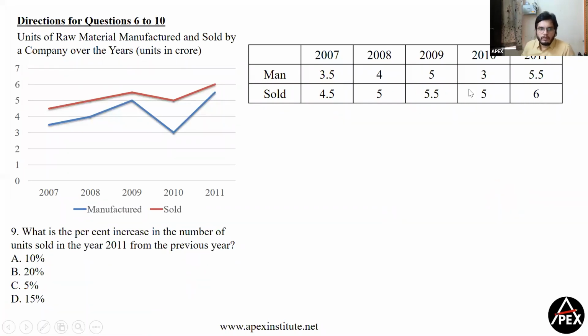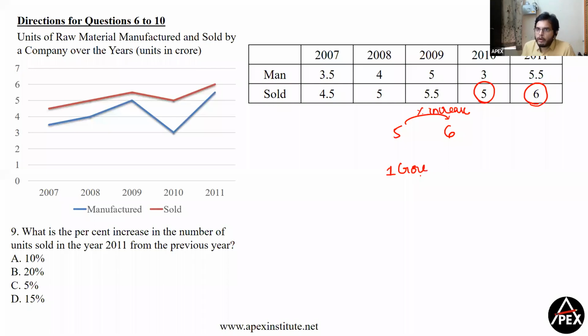Okay. So what is the percentage increase in number of units sold in the year 2011 from previous year? So number of units sold in 2011 are 6. In previous year, the number of units sold are 5. So what percent increase do we have here? So in value, we have an increase of 1 crore units, 6 minus 5.